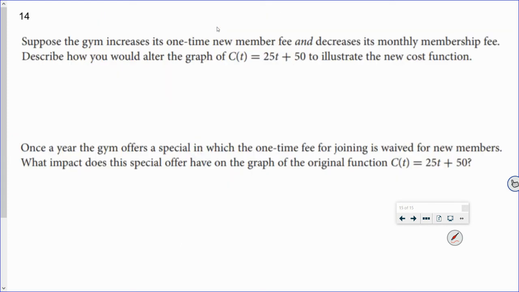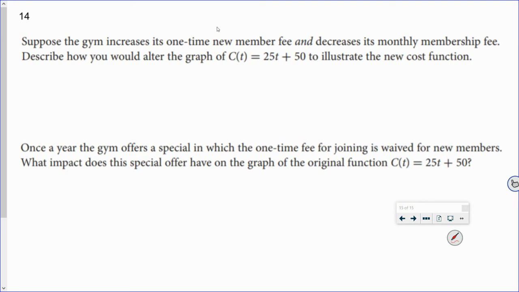All right, so having kind of answered this, let's see if we can answer these. Suppose the gym increases its one-time new membership fee and decreases its monthly membership fee. What would change? How would you graph that?